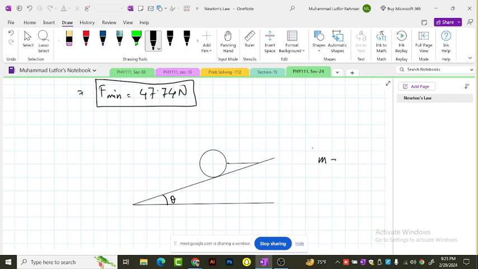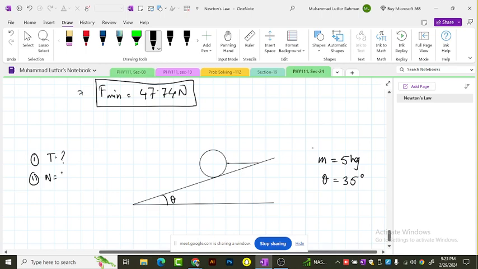The mass of this solid sphere is 5 kg. That theta is 35 degrees. They ask me to calculate the tension in the string. The second one is what is the normal reaction force on the ball provided by the surface.